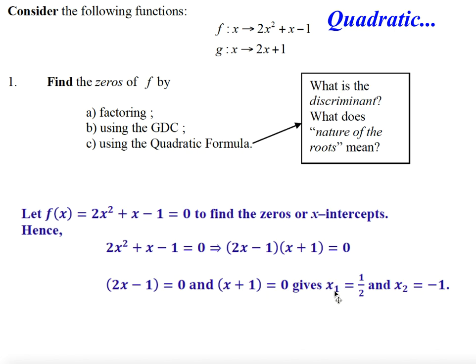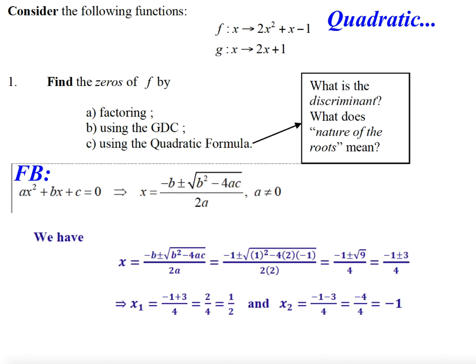This is not a requirement within IBDP, although designating one of the solutions or the roots or the zeros, they're all synonymous terms, with x sub 1 and x sub 2 with subscripts is a good idea by way of just organizing your work.